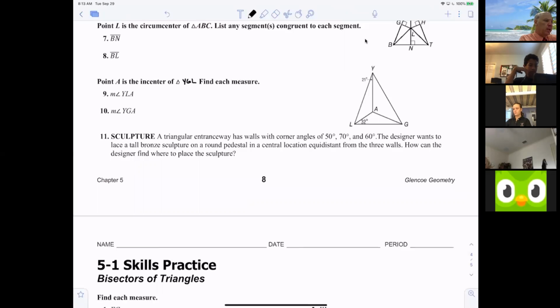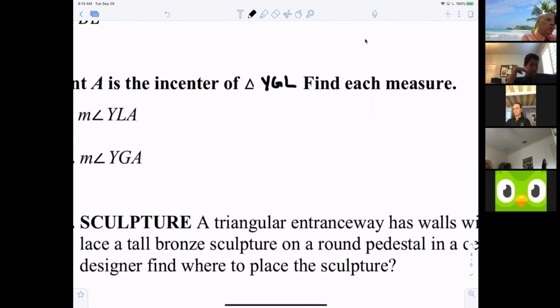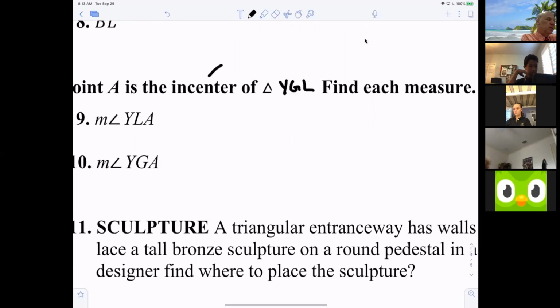All right. And if it's the in-center, I want someone to tell me, what is the in-center? How do we get the in-center? From the what? You guys, you have to be able to tell me that now. The in-center is the what? Say it again. Yes, that's the key word.